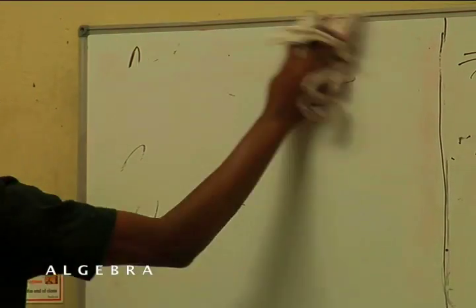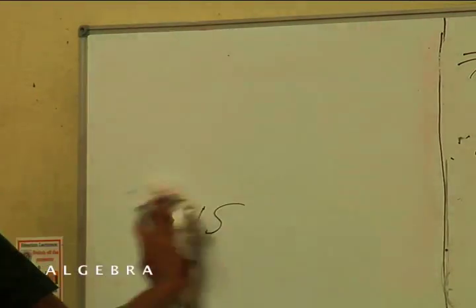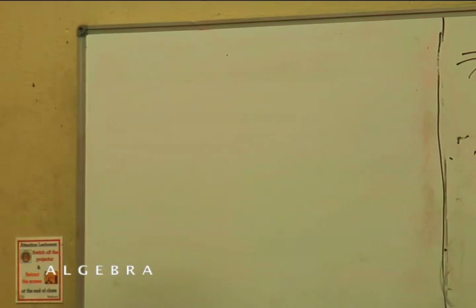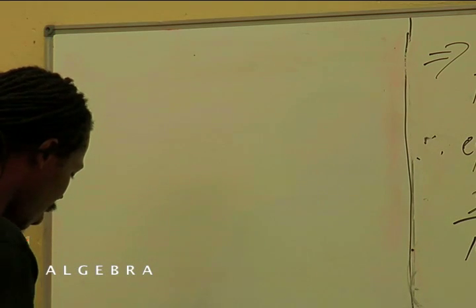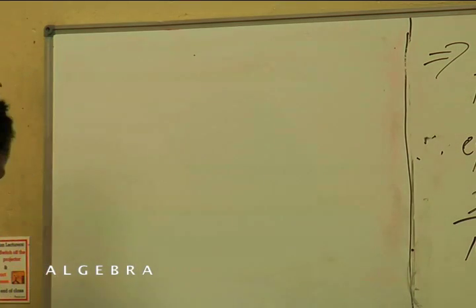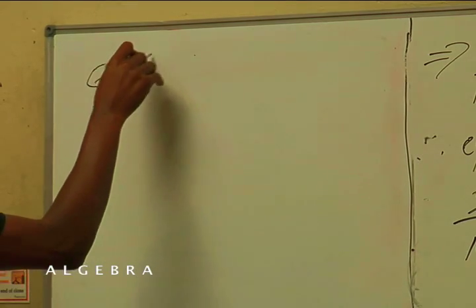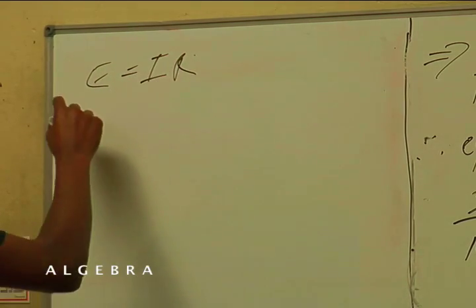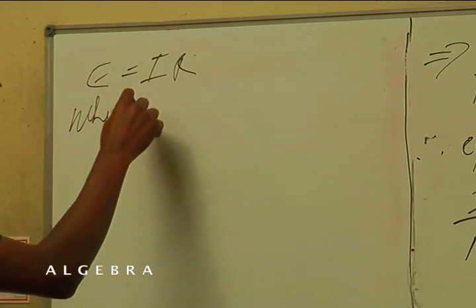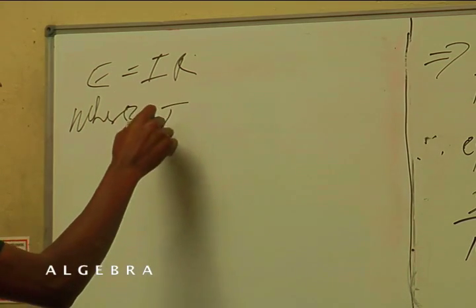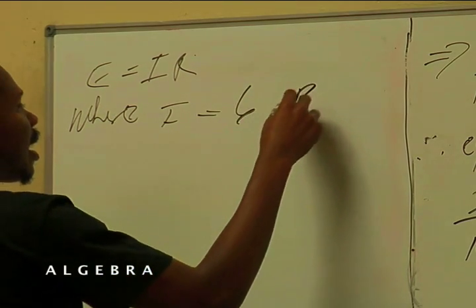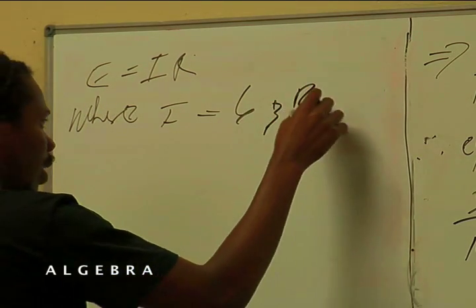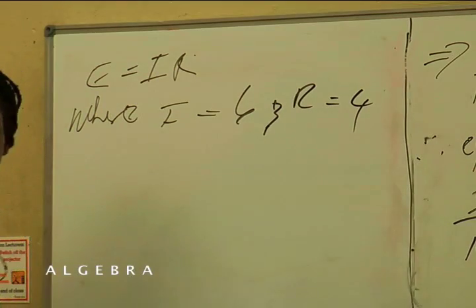So what comes now? Find the value of E if E equals IR, where I equals 6 and R equals 4.